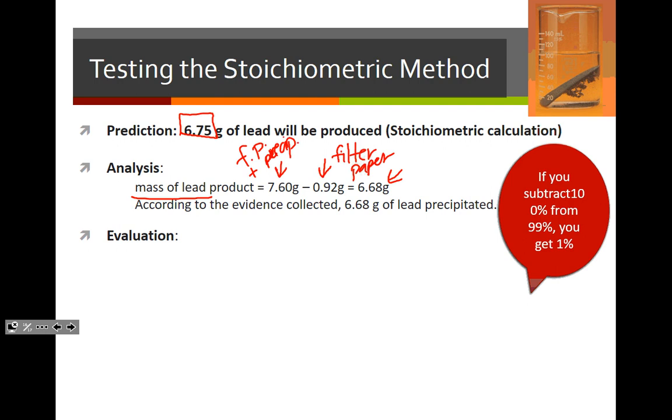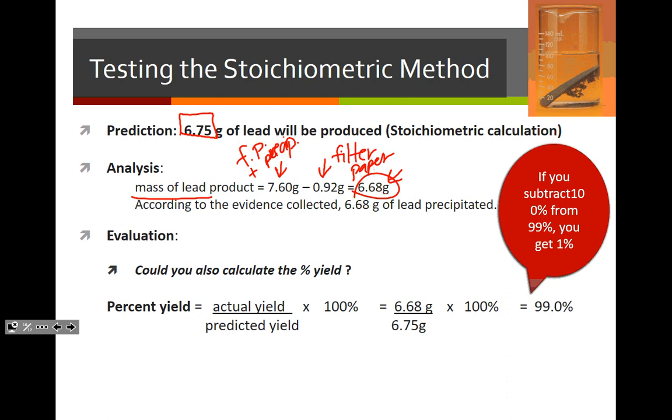So this is what I actually produced. I can find the percent yield. I take my 6.68, that's my actual, over predicted, times 100, I get 99%.